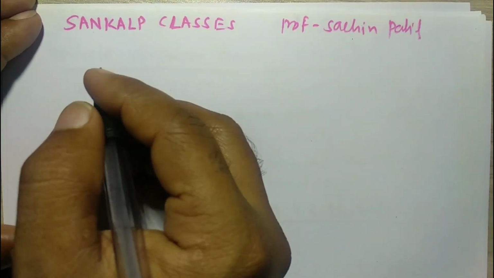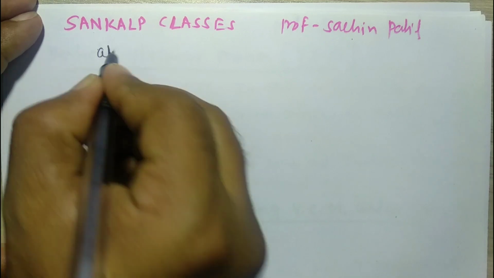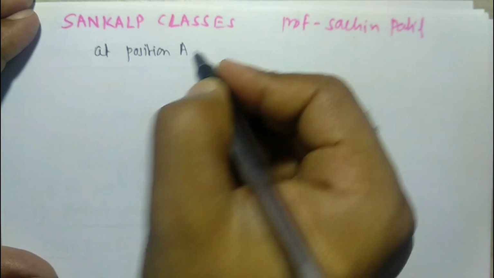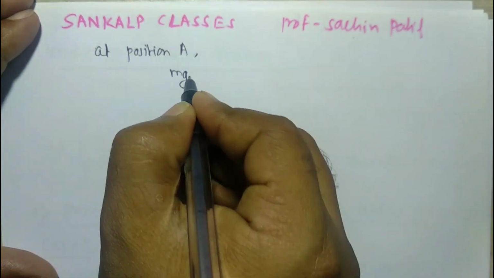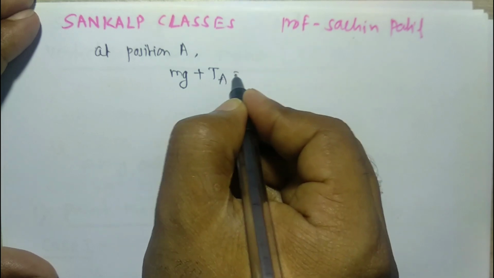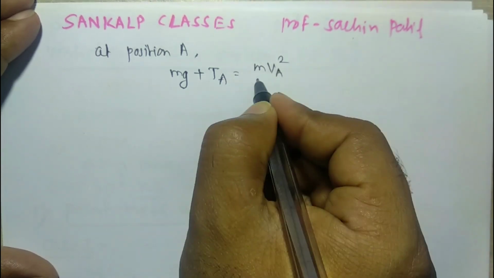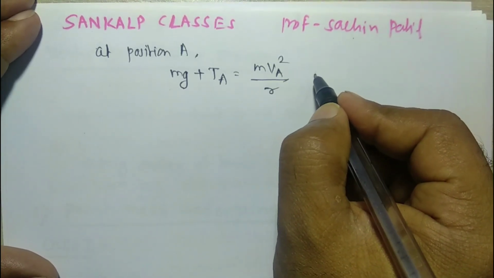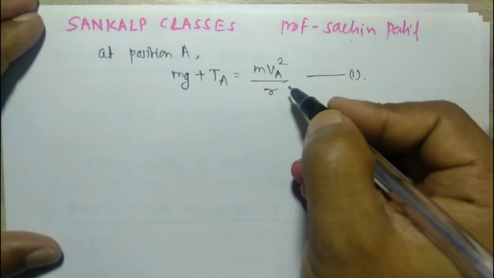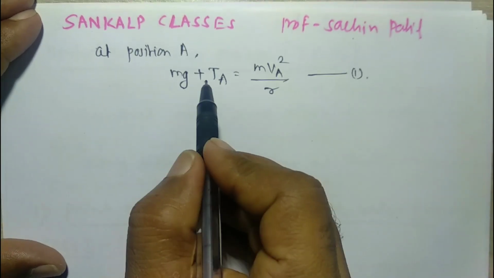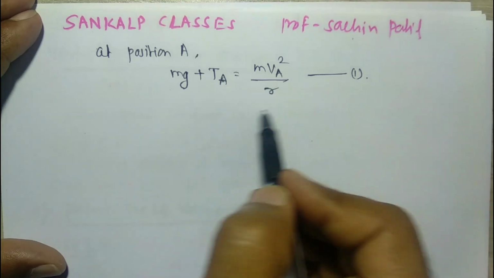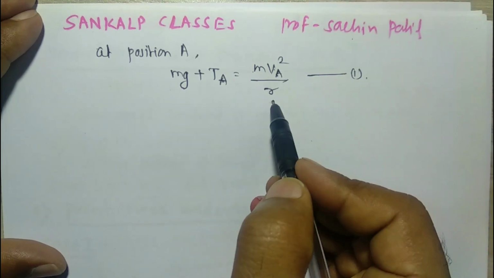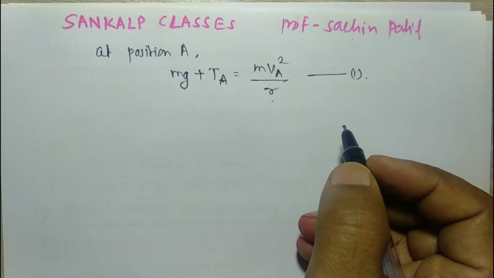Therefore at position A, mg plus TA is equal to mVA square divided by r, where r is the radius of the circle in which the particle moves. That means mg plus TA, which acts toward the center, gives the resultant centripetal force mVA square divided by r.